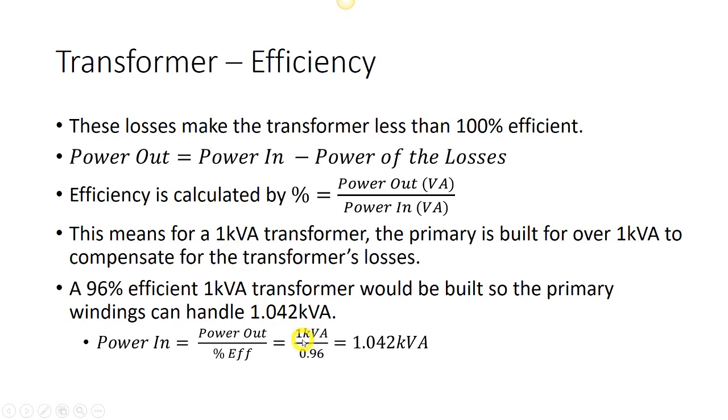So in this case, 1,000 volt amperes divided by 0.96 is what the primary side's apparent power would be for a 1 kVA transformer if it was 96% efficient.